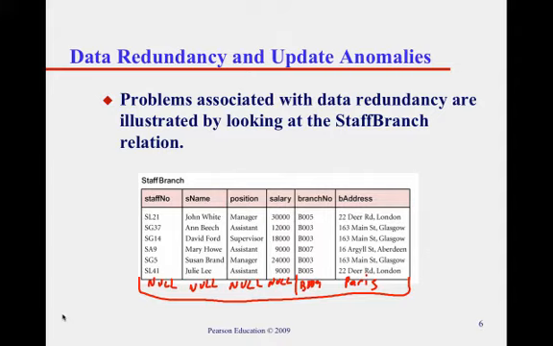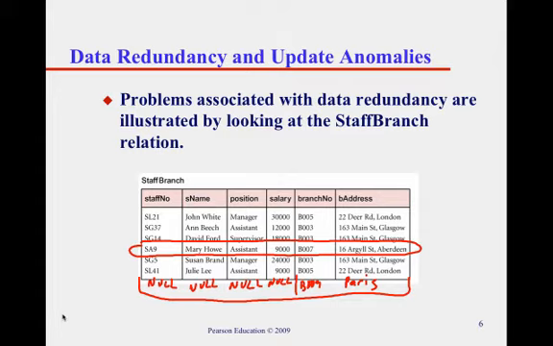Okay, yes, Sadika. The delete anomaly. So here's Mary Howe at branch 7. She's the only staff member at branch 7 right now. Let's say I delete her. I'm not actually closing down branch 7.